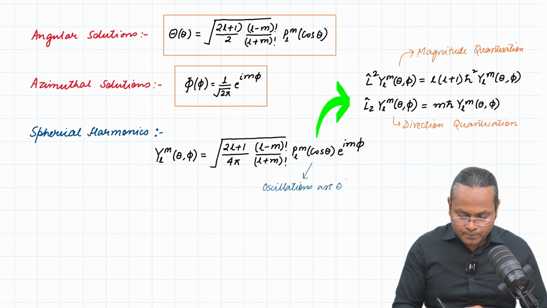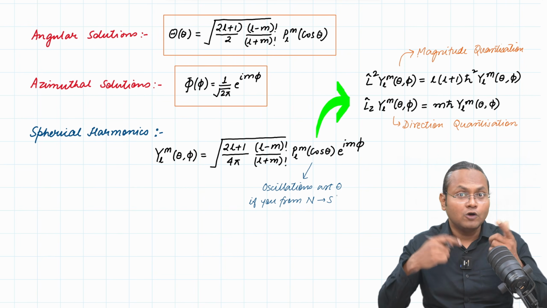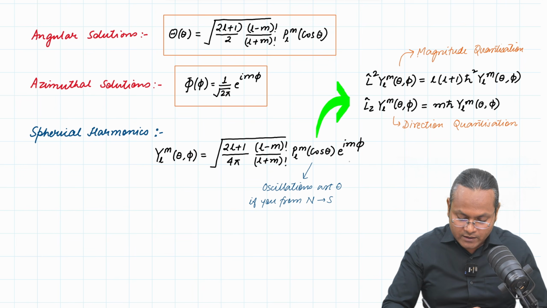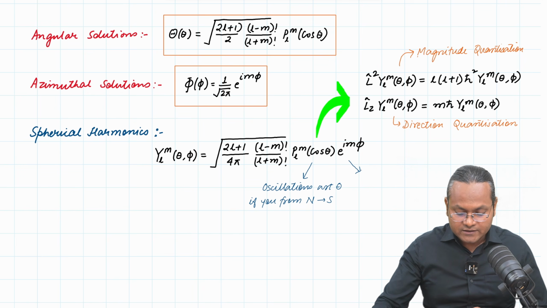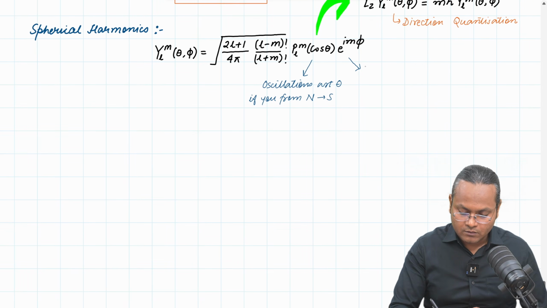So if you go in the spherical coordinate system from north to south, these are the oscillations that you will observe. And the azimuthal solutions represent oscillations about the z-axis, if you go along the equator.